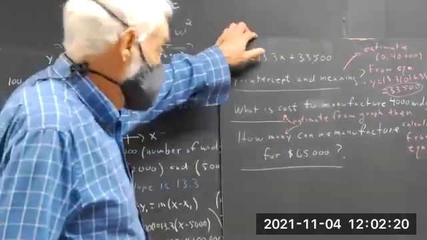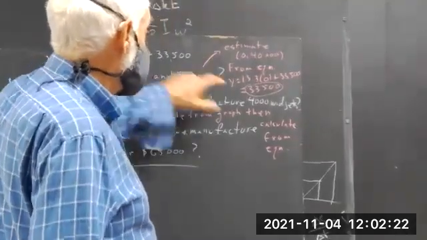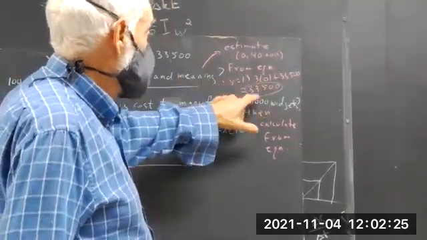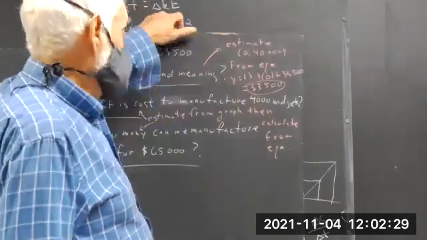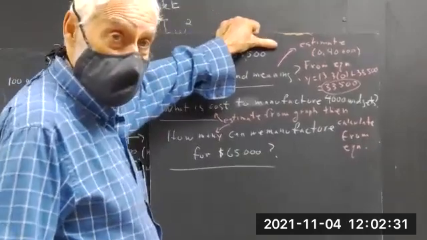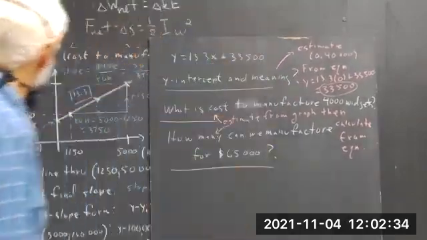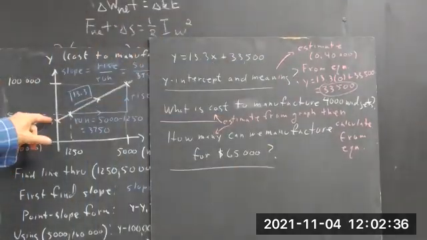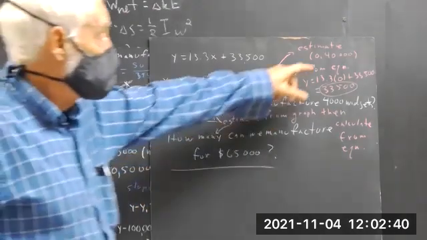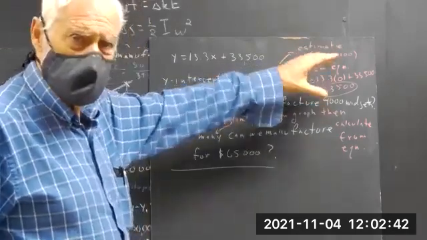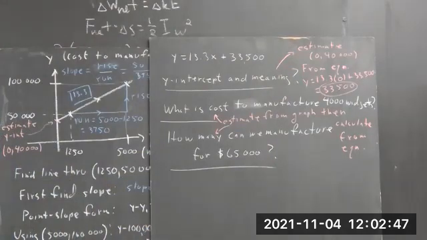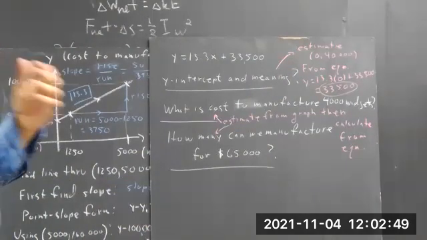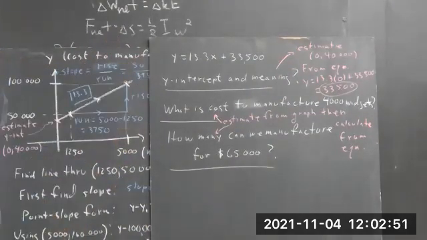According to the equation, 0 widgets, you plug in 0 for x and you get 33,500, right? So the graph was based on estimates, and that 40,000 is based on an estimate. So these two don't agree real well, but they're in the right ballpark, okay? So it's a reasonable estimate. We have something like a reasonable equation.